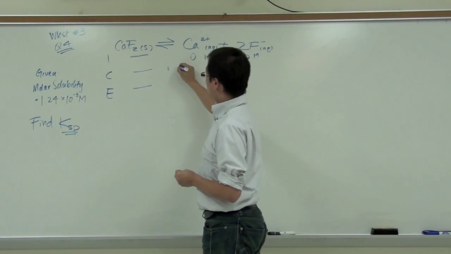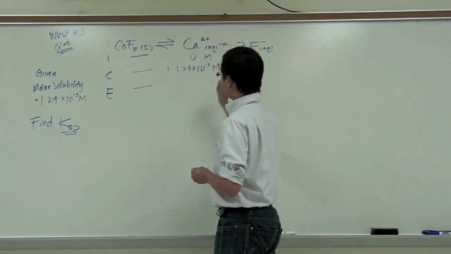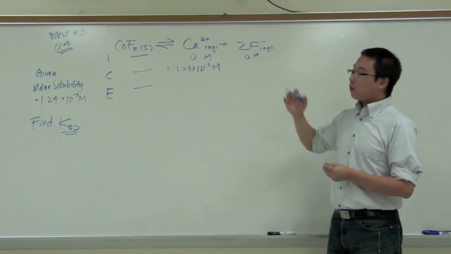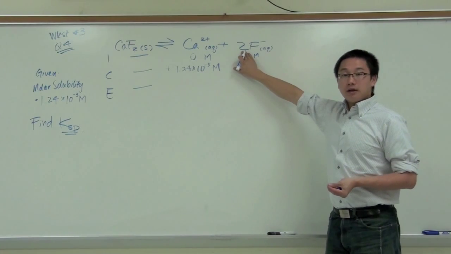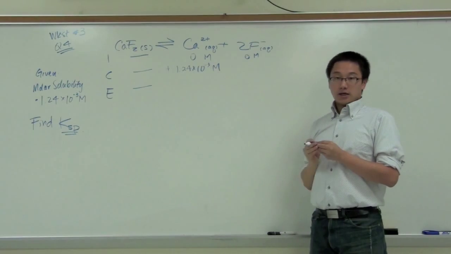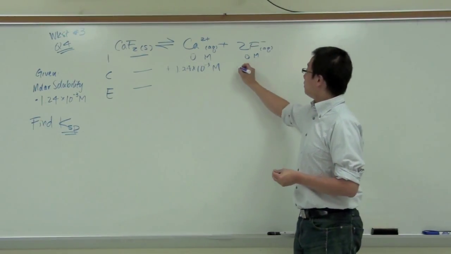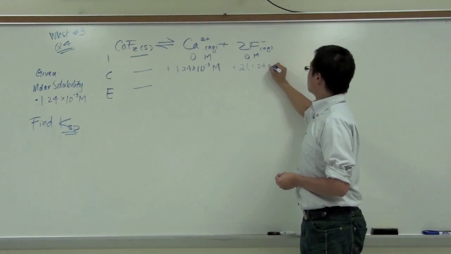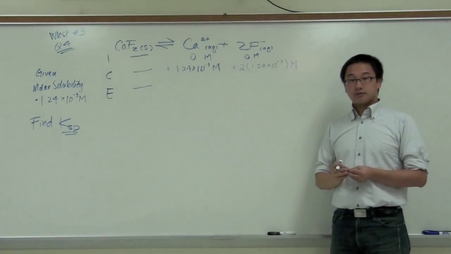So we add 1.24 times 10 to the negative 3 molar for the calcium ion. For the fluoride ion, since there's a coefficient of 2 here, the change should be twice as much as this one, because of the mole ratio. So we have 2 times 1.24 times 10 to the negative 3 molar.